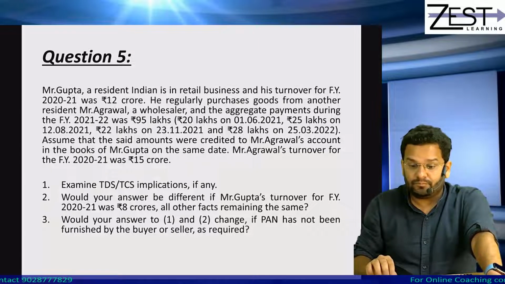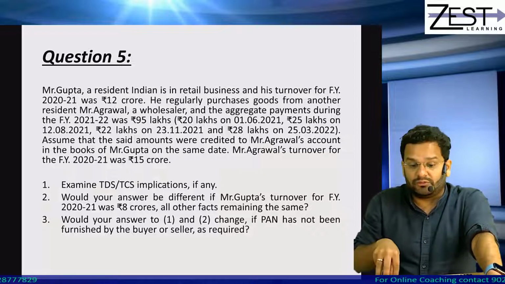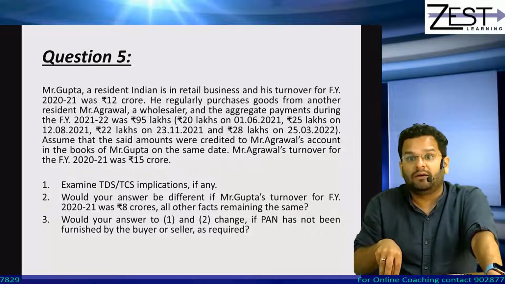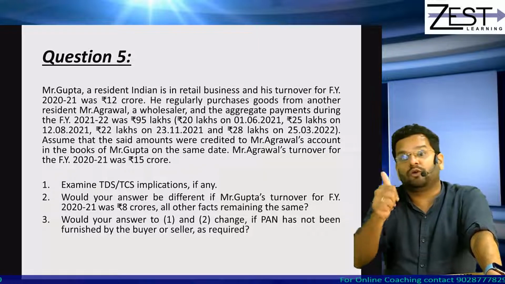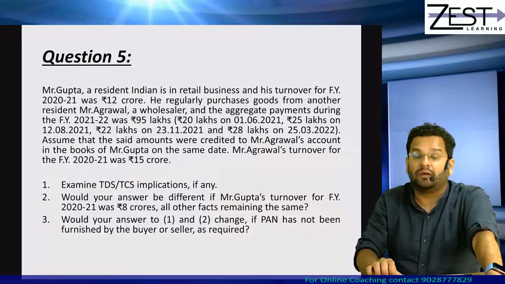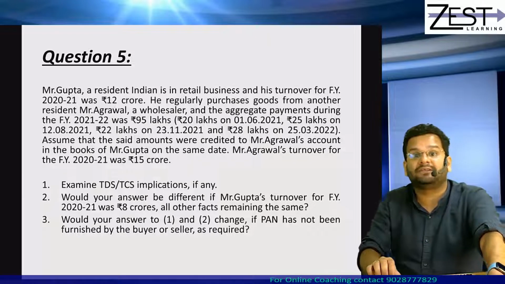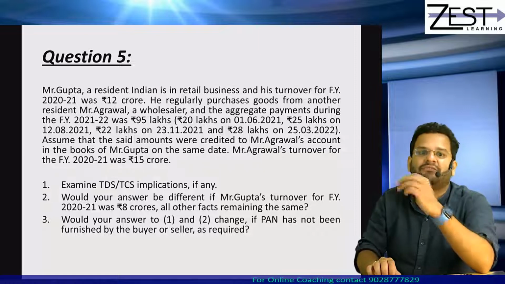Second, would your answer be different if Mr. Gupta's turnover for FY 2021, means if purchaser's turnover for last year was 8 CR, okay, not 12 CR but 8 CR, all other facts remaining same, बहुत ही ज़्यादा effect होगा.